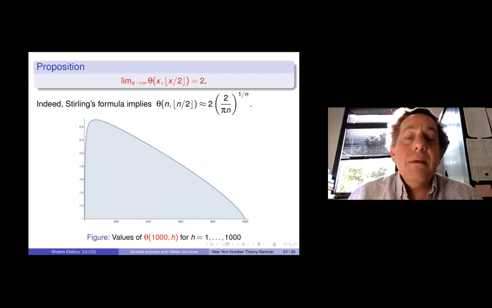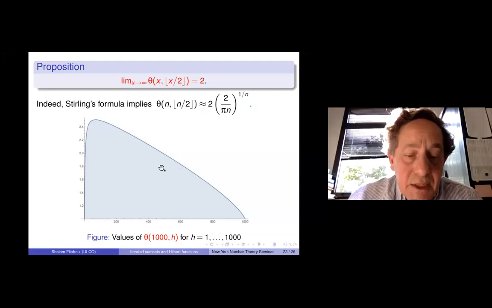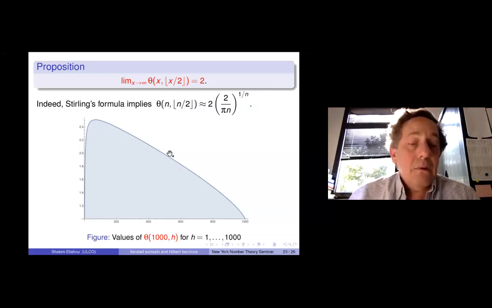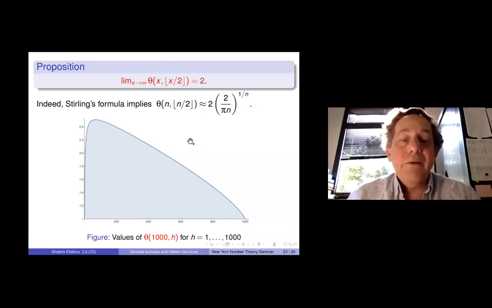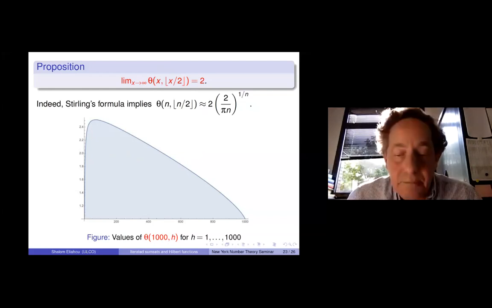And this is interesting because it means this factor theta is above 2 about half of the time, which we see here in the picture, because this is 1000 over 2, 500, and for 500 we're above 2. So we are above 2 for a long time. And it means this improvement factor theta is for a long time twice better than Plünnecke.